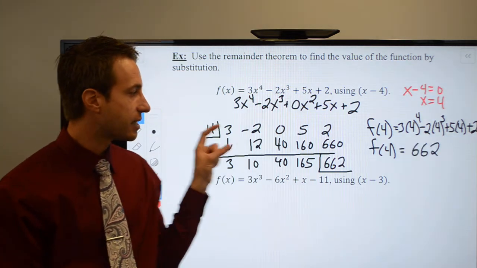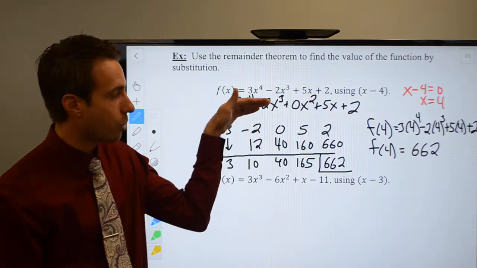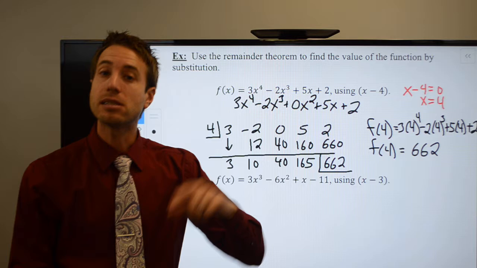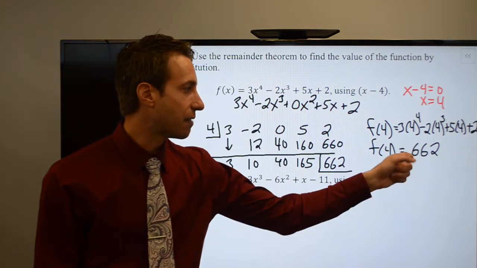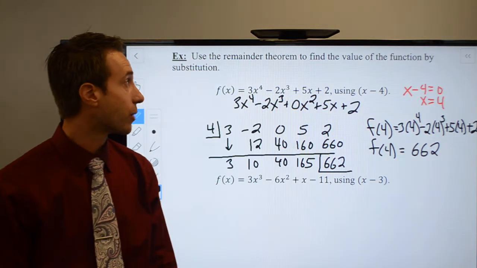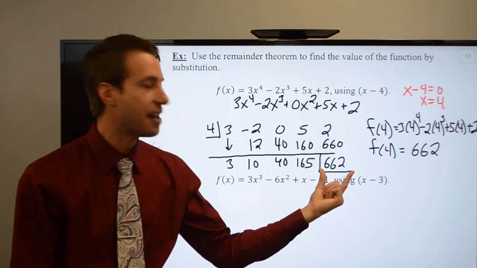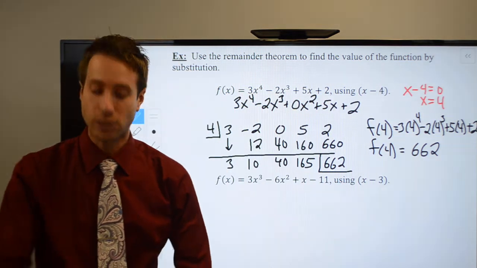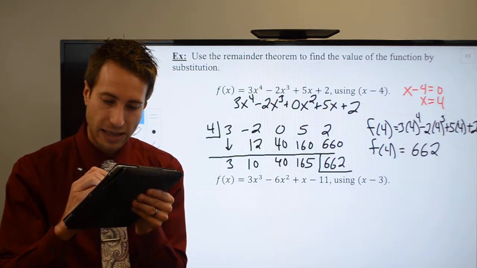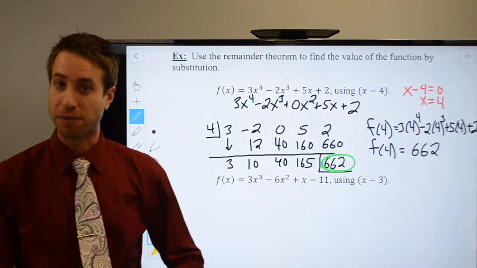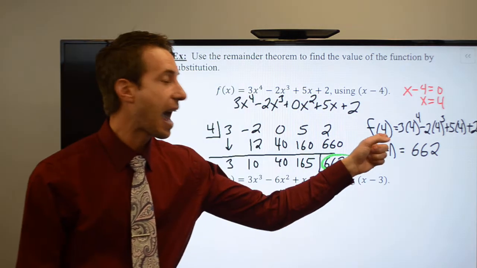All right, what we're using is this method of synthetic substitution, where I do synthetic division, and the remainder is the value I would have gotten if I had evaluated the function. So when I ask you to use the remainder theorem to find the value of the function by substitution, that's it. 662 is your answer. That is what you would get if you had evaluated the polynomial at 4.